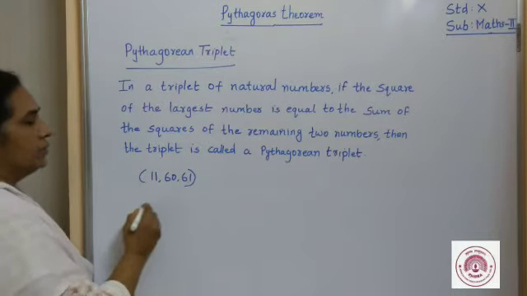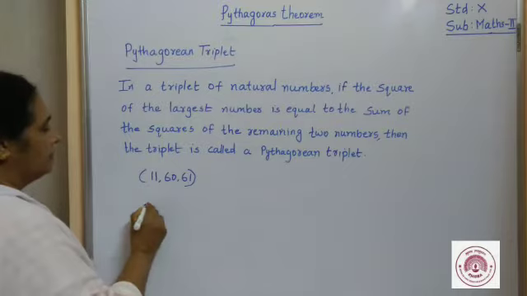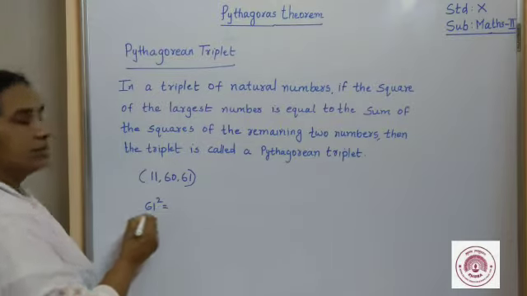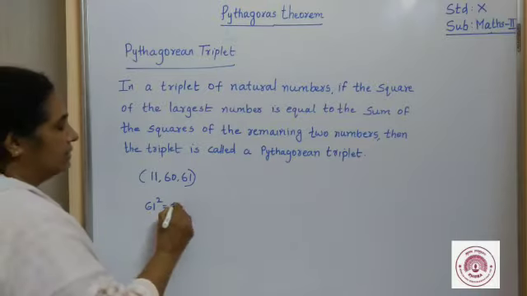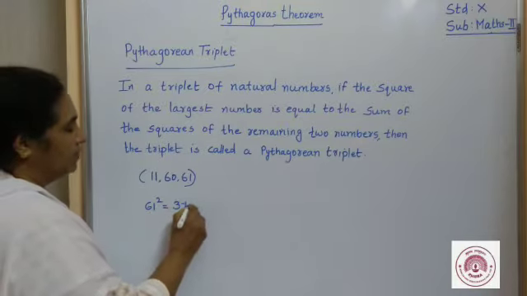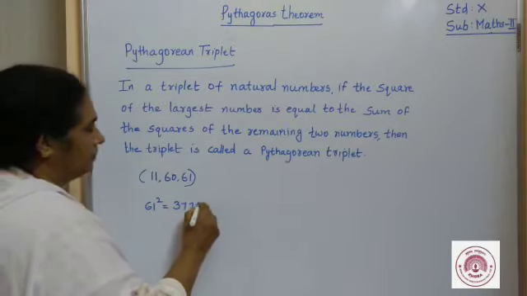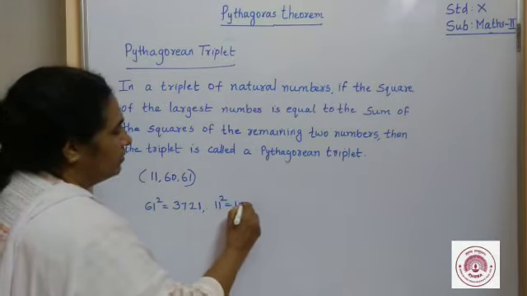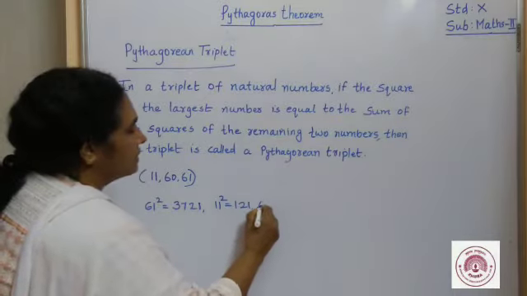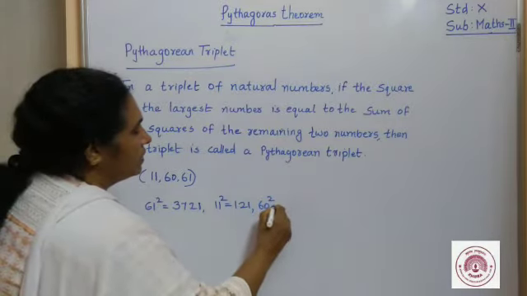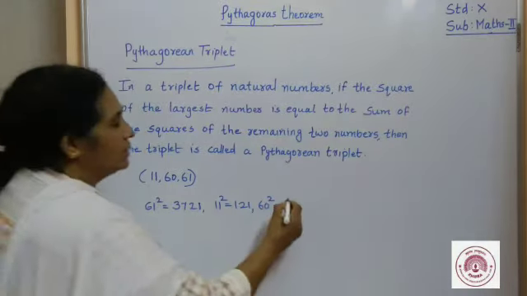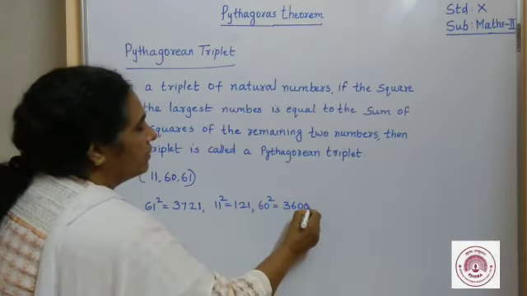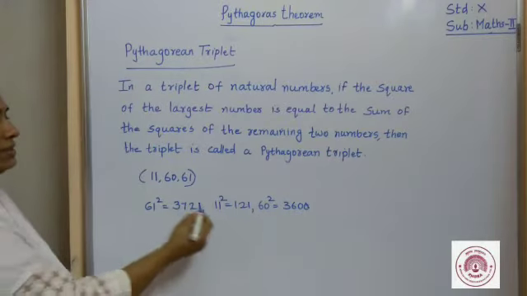So, we will take the squares of these numbers. 61 square is equal to 61 into 61, that is 3721. 11 square is equal to 121. 60 square is equal to 60 into 60, that is 3600.